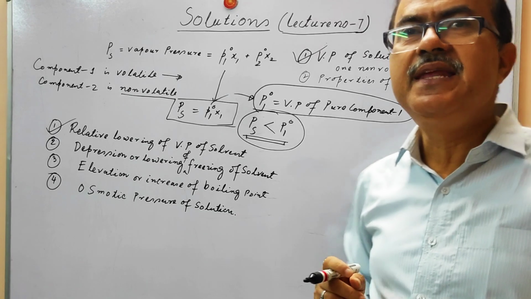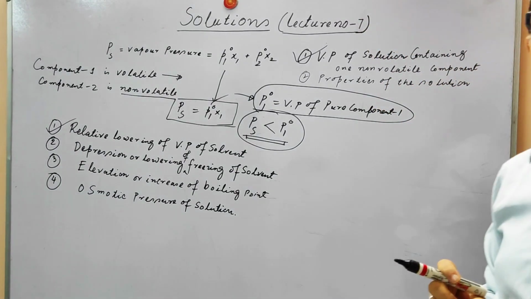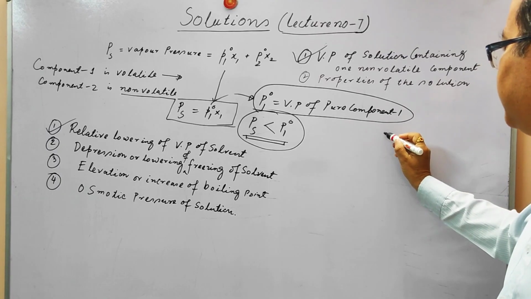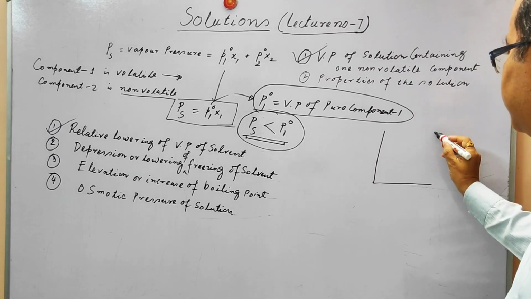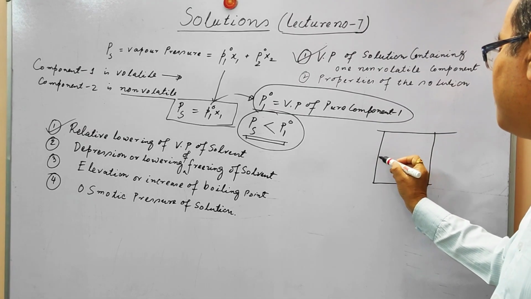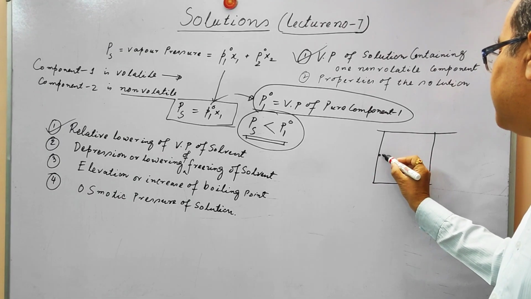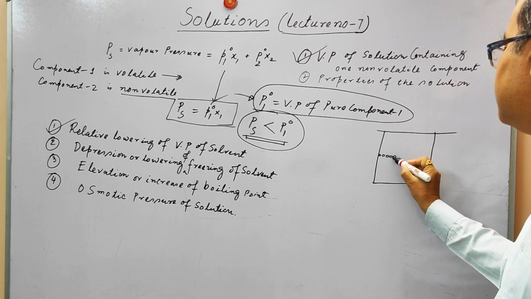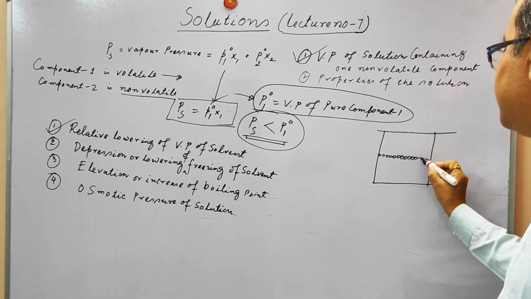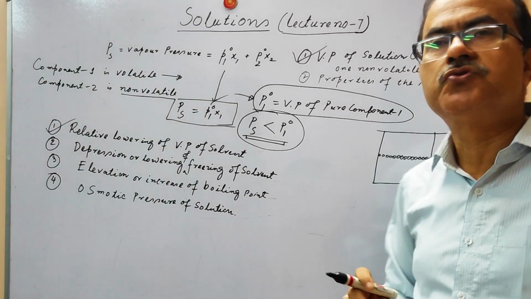Now the question arises why there is a reduction in the vapor pressure. We can understand it physically. Number one, suppose there is a container. In this closed container, when there is no non-volatile solute, the surface of the liquid is covered with solvent molecules only.